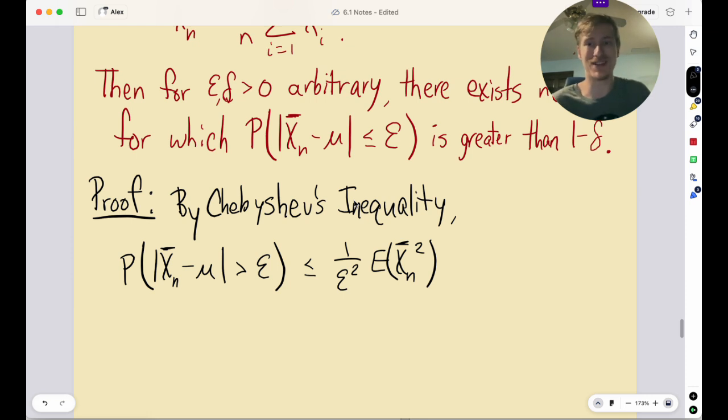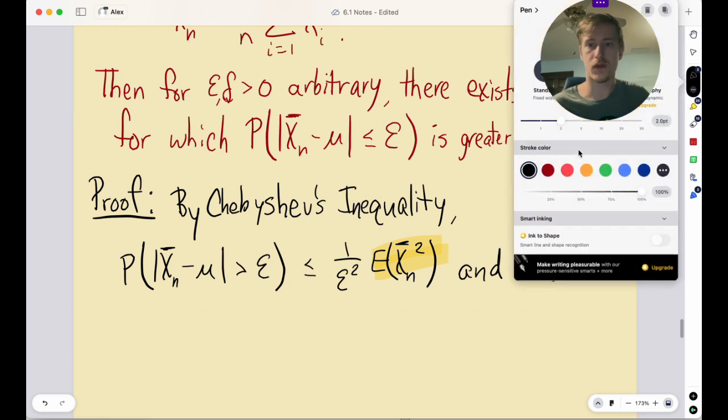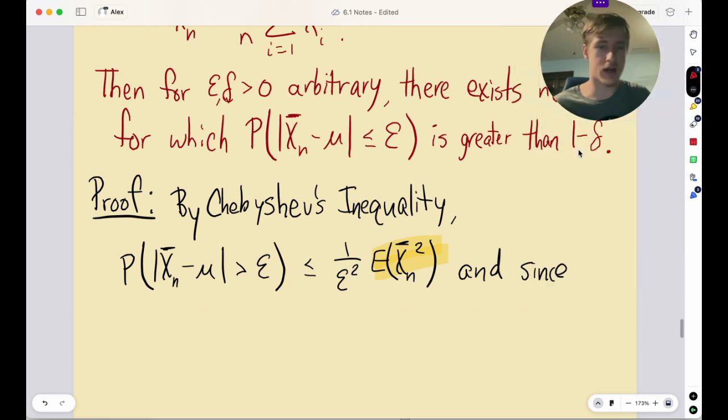Does that look familiar to you? Now, this quantity: remember that the variance of xn bar is equal to sigma squared over n.